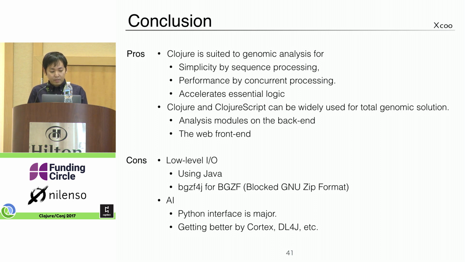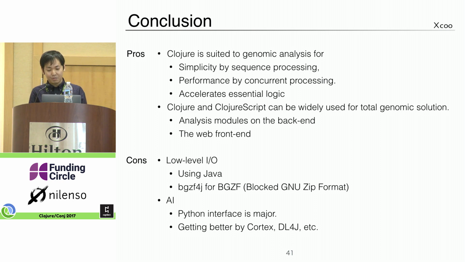Another weak domain is AI-related domains such as natural language processing and machine learning or deep learning. Today, Python is the major interface of these technologies, and we actually use Python libraries. But I heard great talks about AI at this Clojure conj, about Cortex, Deeplearning4j, and so on.